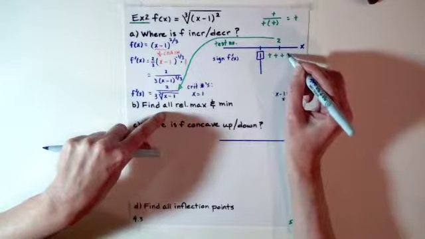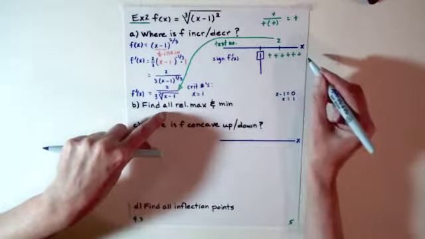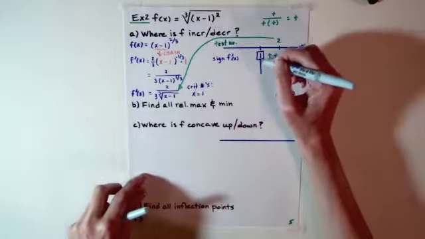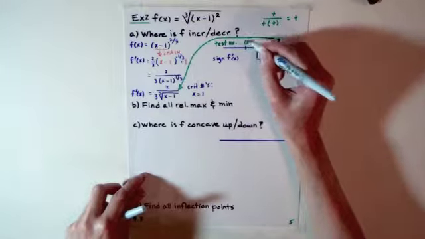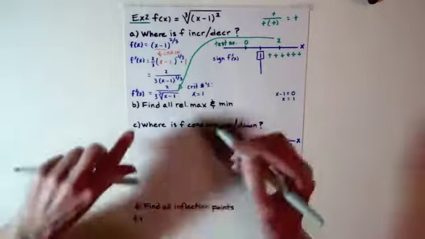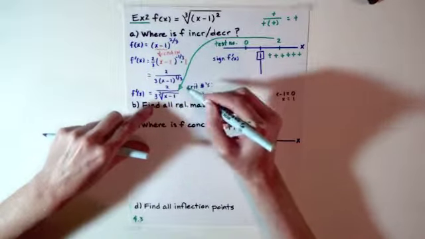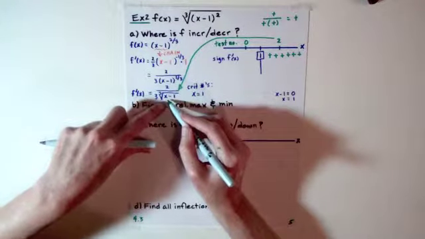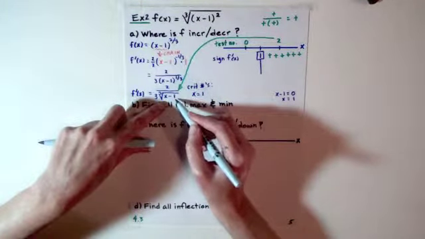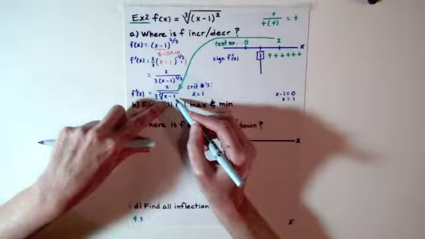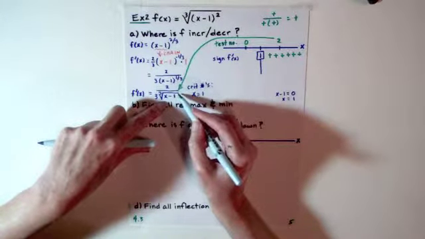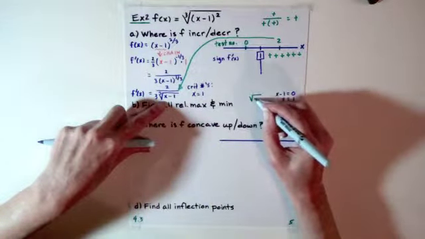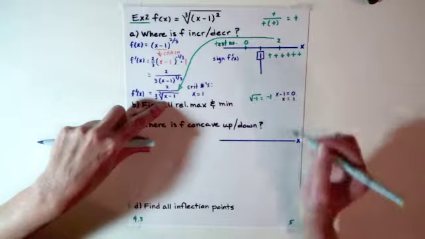So f prime is positive not only at 2, but for all values in this interval to the right of 1. Now let's check f prime's sign to the left of 1. Maybe choose 0. That would be a nice easy test number to choose. So now we're plugging 0 into this expression, and 2 is always positive, 3 is always positive. When I plug 0 in, I get 0 minus 1. That would be negative 1. And the cube root of negative 1, remember it's okay to take an odd root of a negative number, is equal to negative 1.